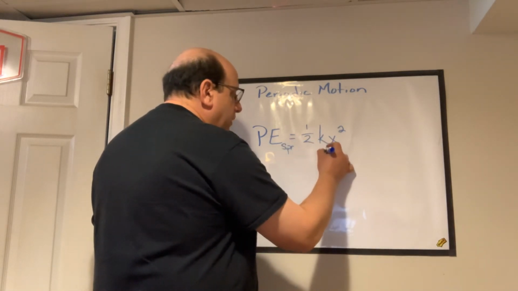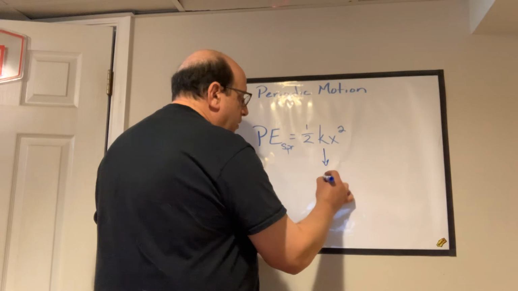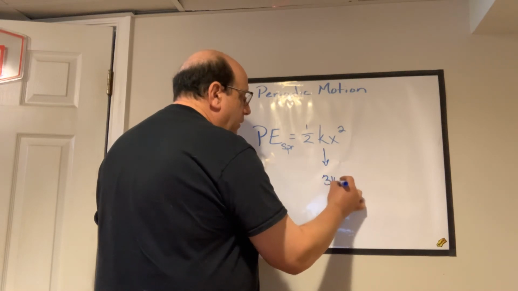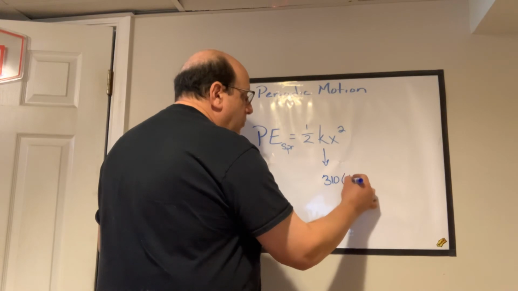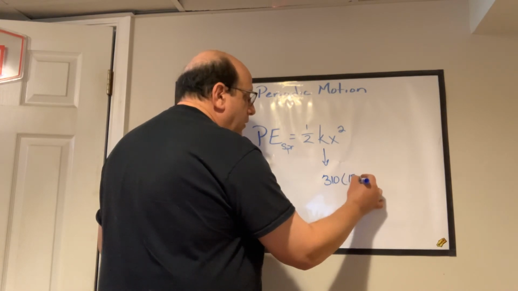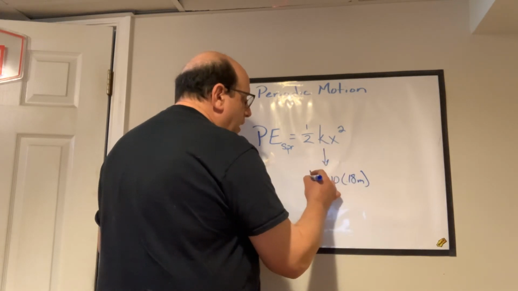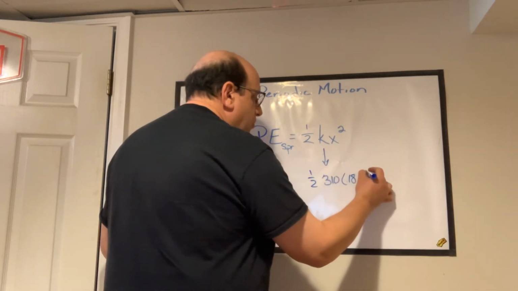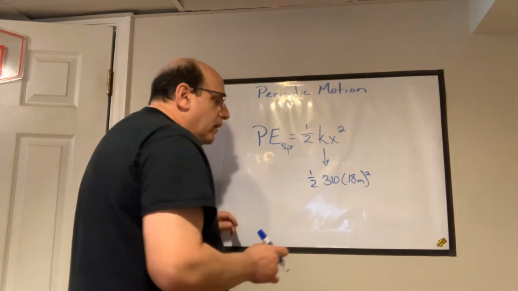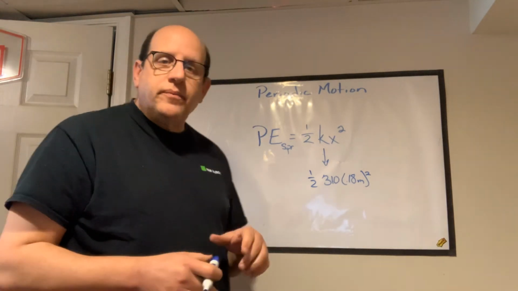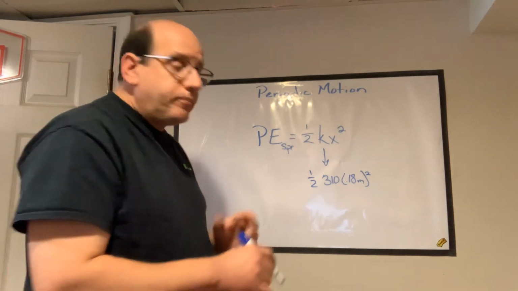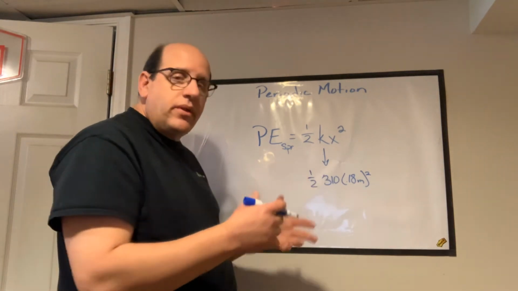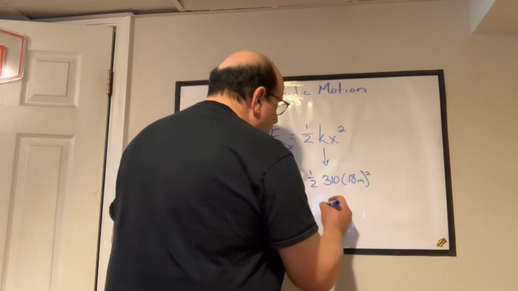We do a little bit of math. We found earlier that k was 310, and we knew that x was 0.18 meters, and we have a half. We're going to square our 18 centimeters, and if we do all that math, we come up with about 5 joules of energy.